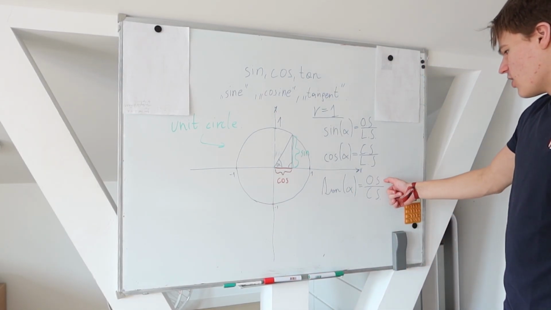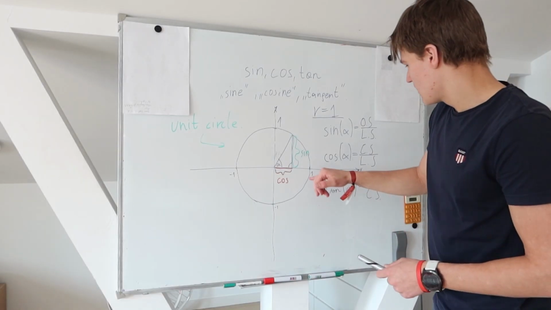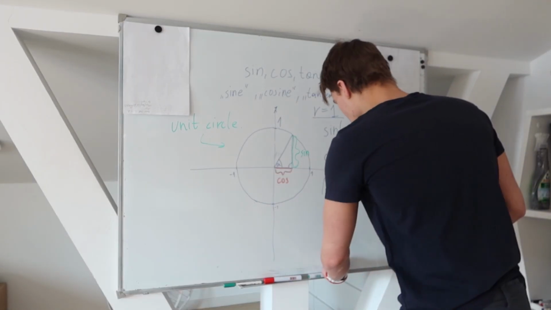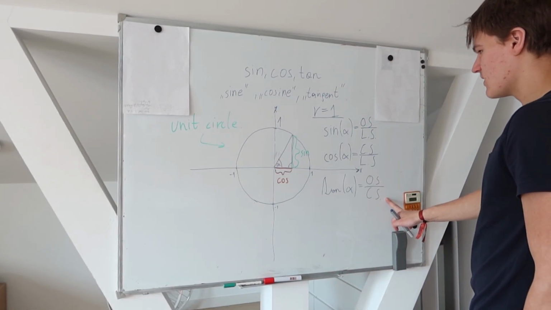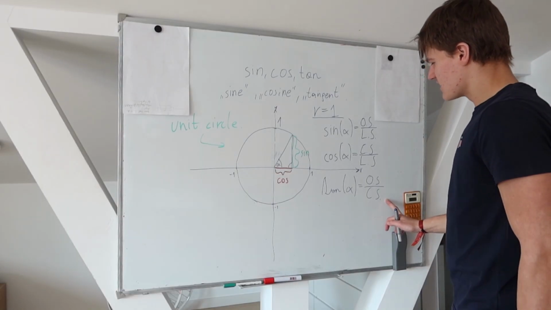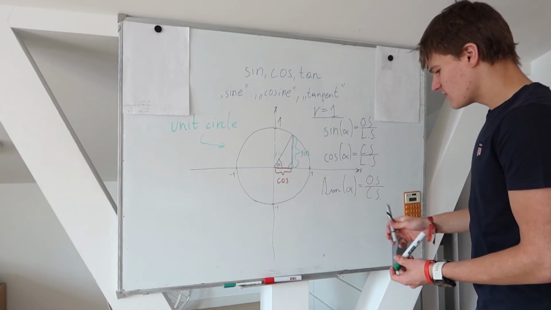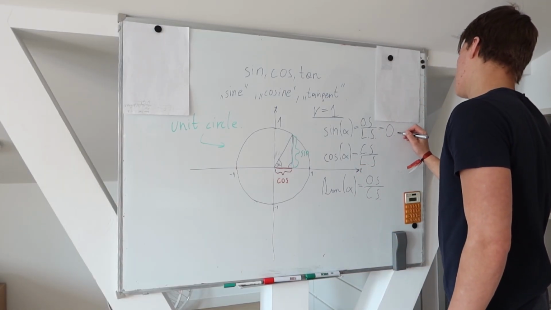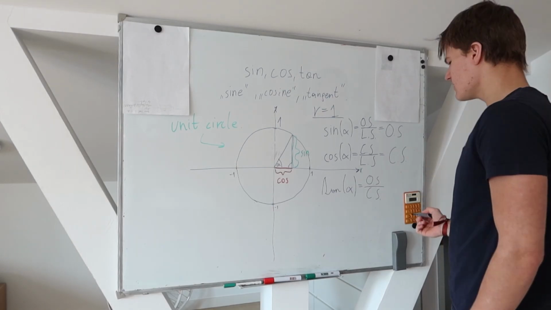And so one more function that we did not define yet, well, what is the tangent? We said opposite side to the closest side. Well, okay, that's this one to this one. Opposite side to close side, right? And we said in this case that LS is just equal to 1. So we can write this in this case as opposite side, and in this case as closed side, right?